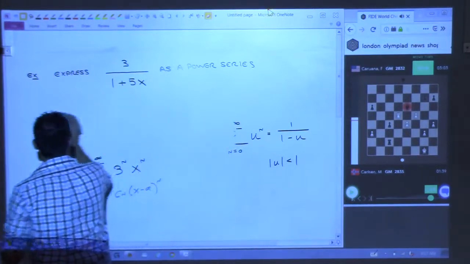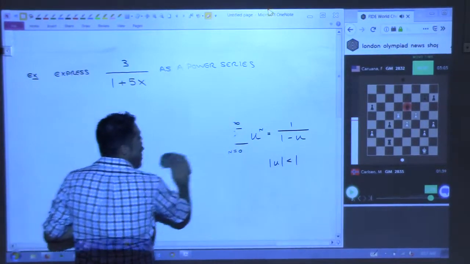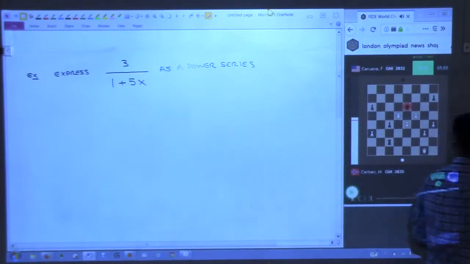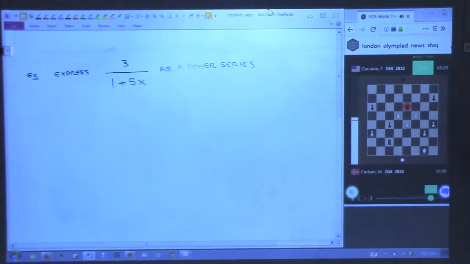Let's do this one. Express this as a power series. Oh my gosh, look at the time left. We have a couple of issues here. We have a 3 on top, don't we? Also, that doesn't look like 1 minus u on the bottom.